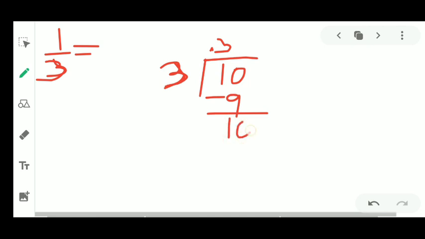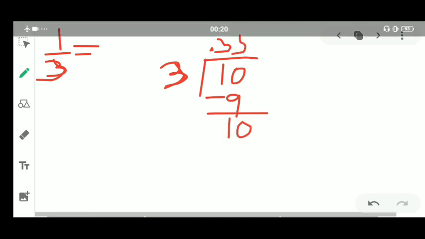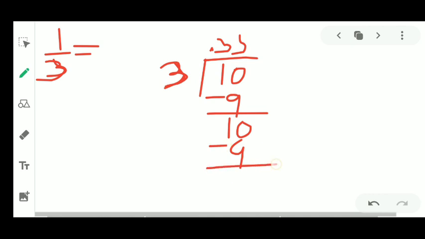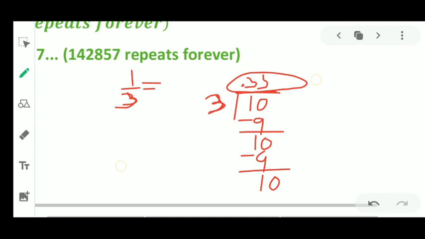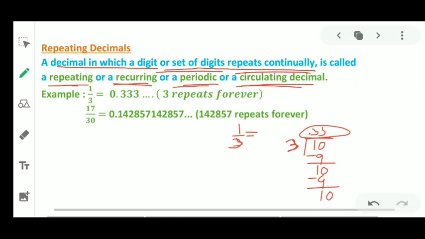Then again put a 0. 3 threes are 9. 10 minus 9, again 1 and 0. So you clearly see that this process never ends. The digit 3 repeats continually.